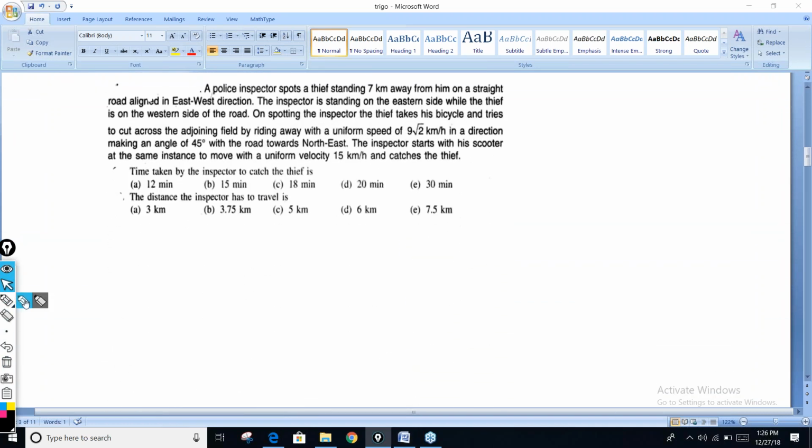Now, this question says a police inspector spots a thief standing 7 kilometers away from him on a straight road aligned in the east-west direction. This inspector is standing on the eastern side. So here is the inspector and here is the thief.